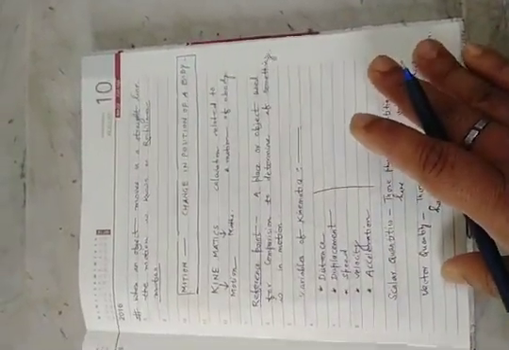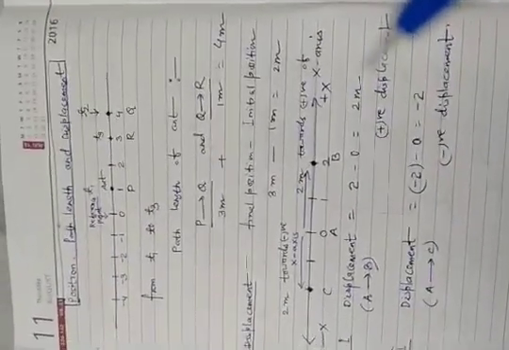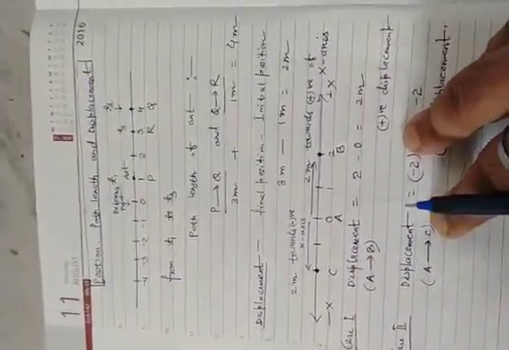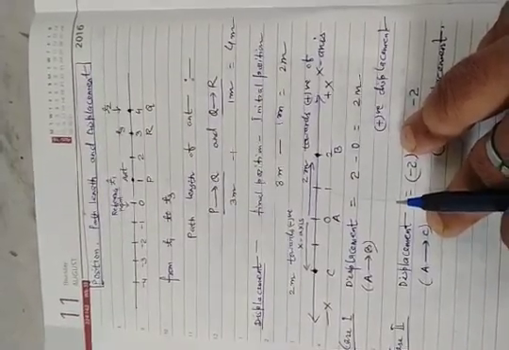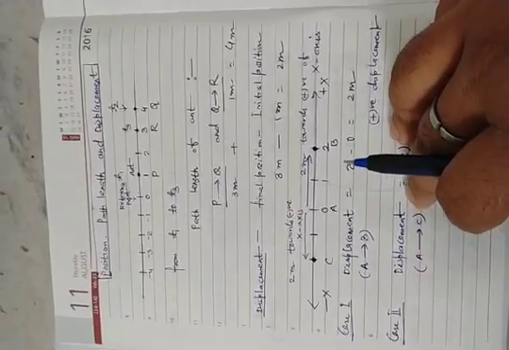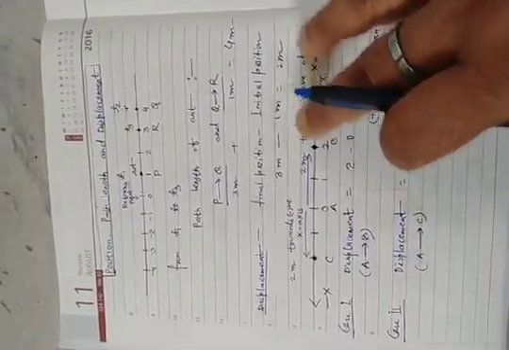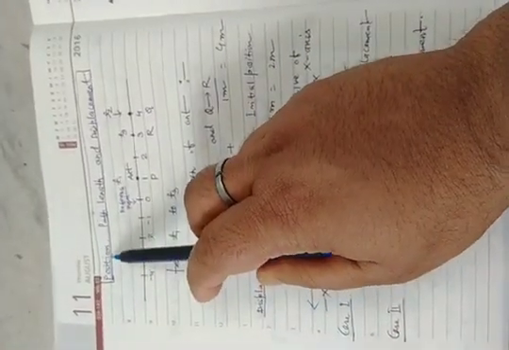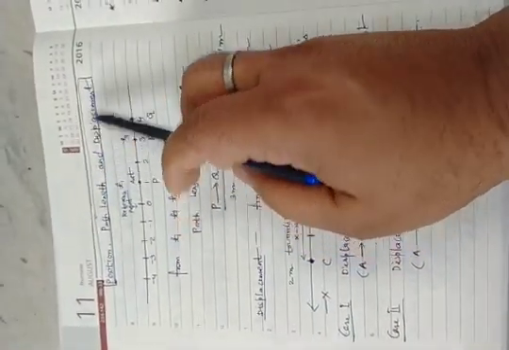Now moving on to another set of things, students, a very important topic and the last topic for today's conceptual class. Students, first of all, what are the terms written here?